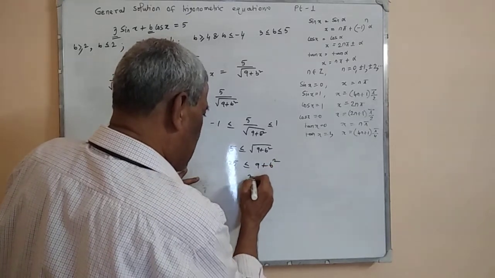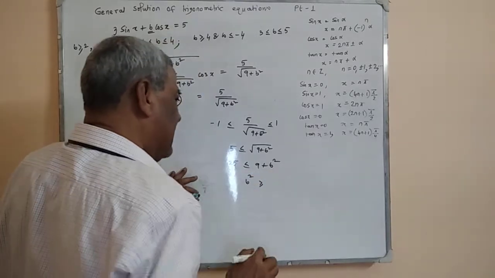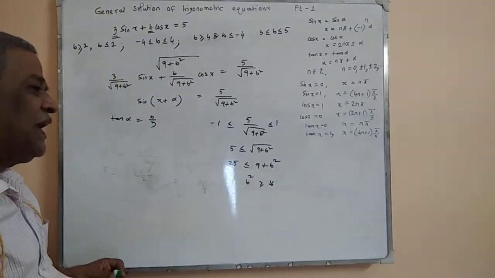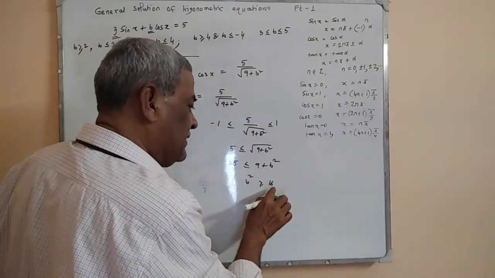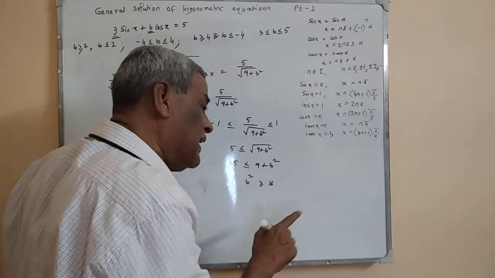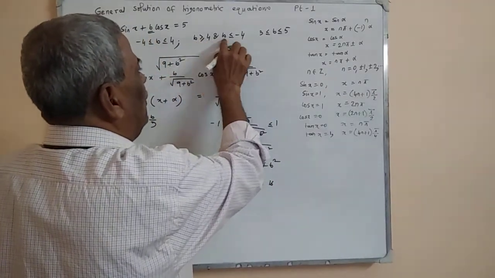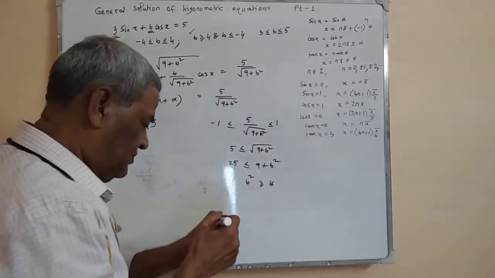That is, b square is greater than or equal to 25 minus 9, that is 16. So b must be greater than 4 or less than -4. So the correct option is that.